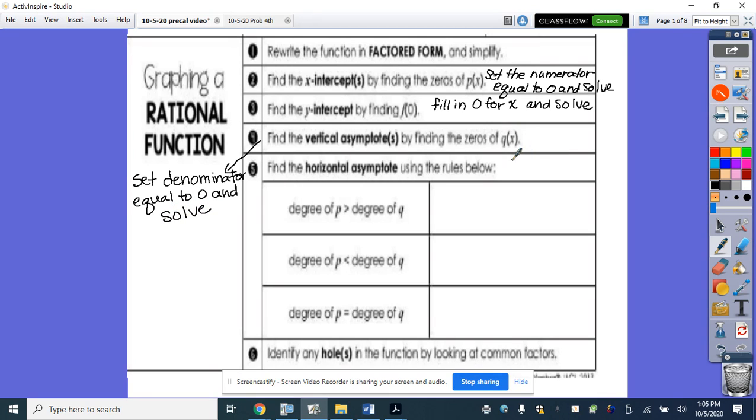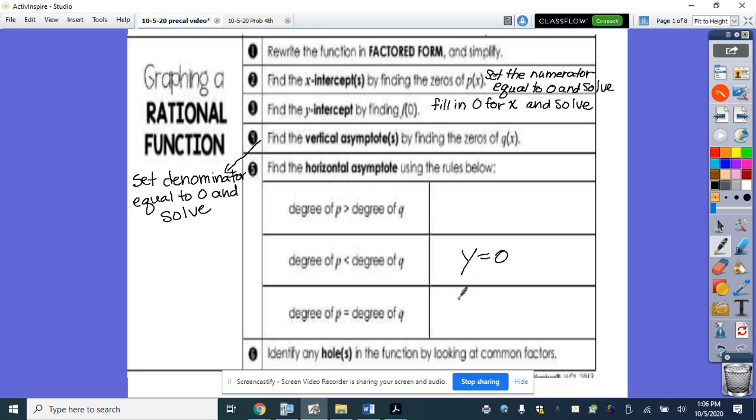Okay, horizontal asymptotes, we need to use our rules, and these are a little bit backwards from what you're used to seeing. When we wrote our rules down, we said if the degree of the top is less than the degree of the bottom, then the asymptote is y equals 0.